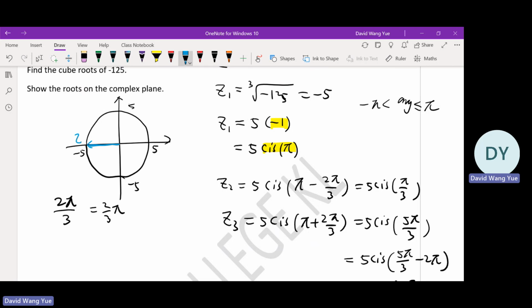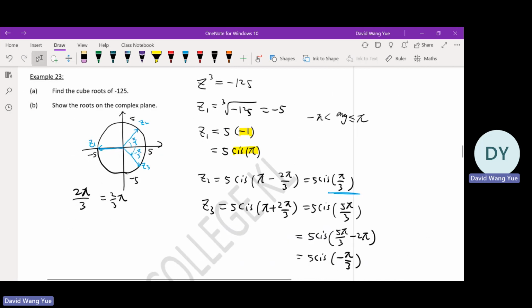The second one, Z2, has an argument of pi over 3. Z3 has argument -pi over 3. So here are the 3 roots, Z1, Z2, Z3, and the angle between each root is 2 pi over 3, that is 120 degrees. This is example 23.